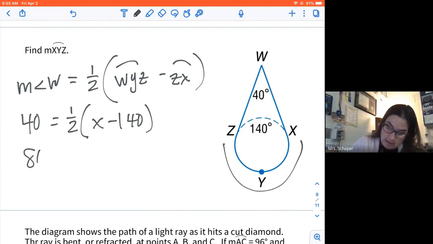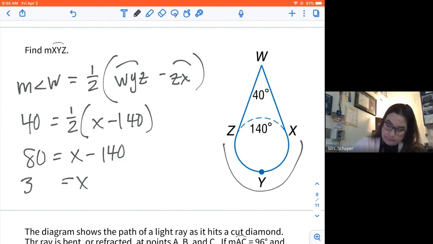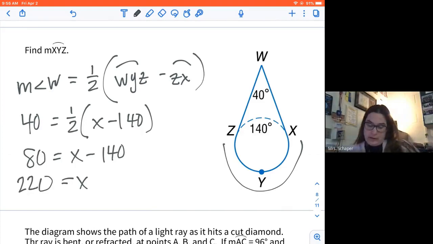So 80 is equal to x minus 140. So x equals 220. Now I also could have looked at it and said, hey, if this is 140, then that's got to be 220, but that helps too.